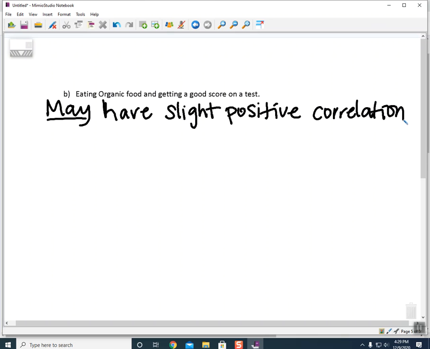So it may have slight correlation in the positive direction, because if you're eating good, you're probably feeling good. If you're feeling good, then you'll probably do better on tests, those kinds of things, right? But there's no direct correlation between those two things. So it may have a slight correlation, but it's not going to have any sort of causation.